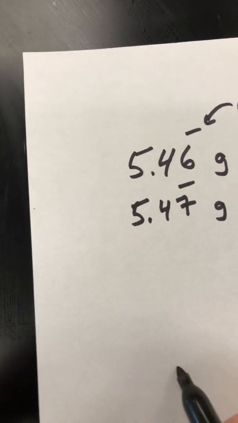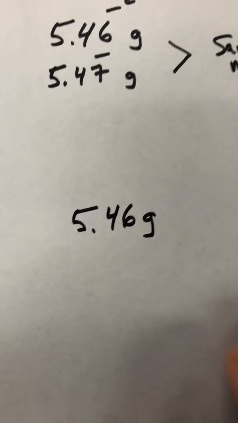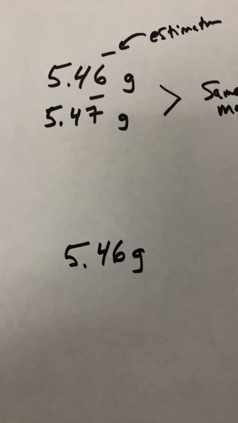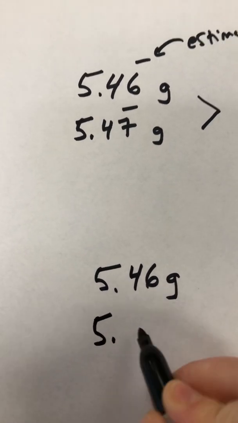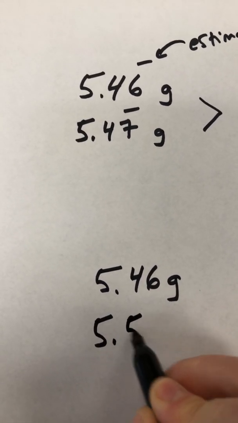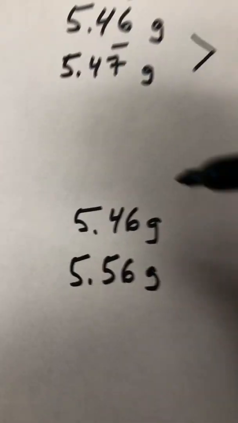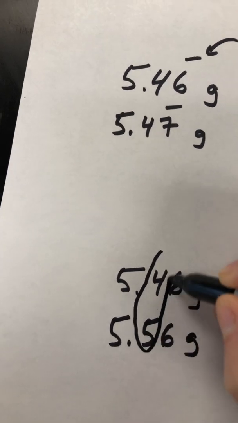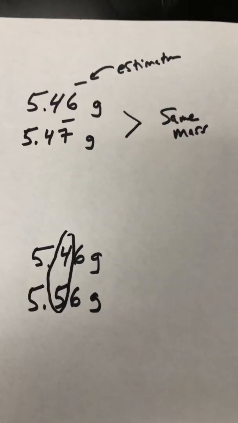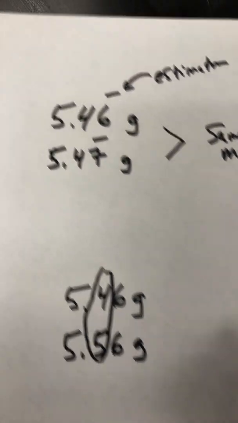Versus if you measure it as 5.46 grams and then your partner puts it on there and they measure it as 5.56 grams, you will see now that they are differing, not in the place of estimation where the balance flickers, but in a place that should definitely be read.